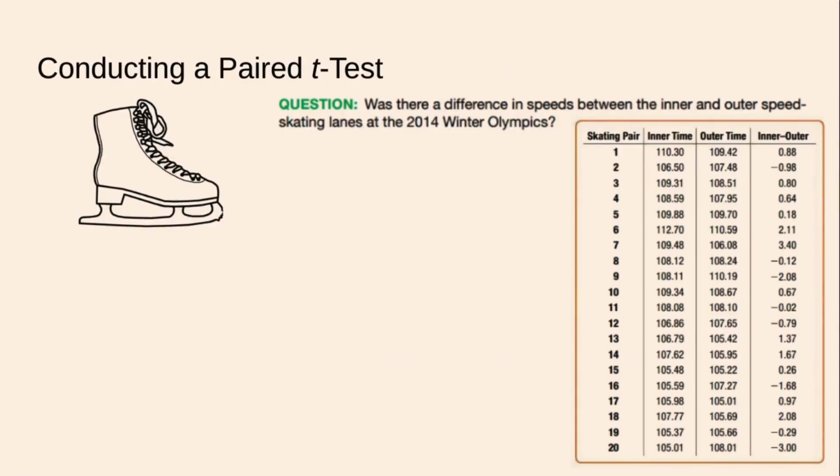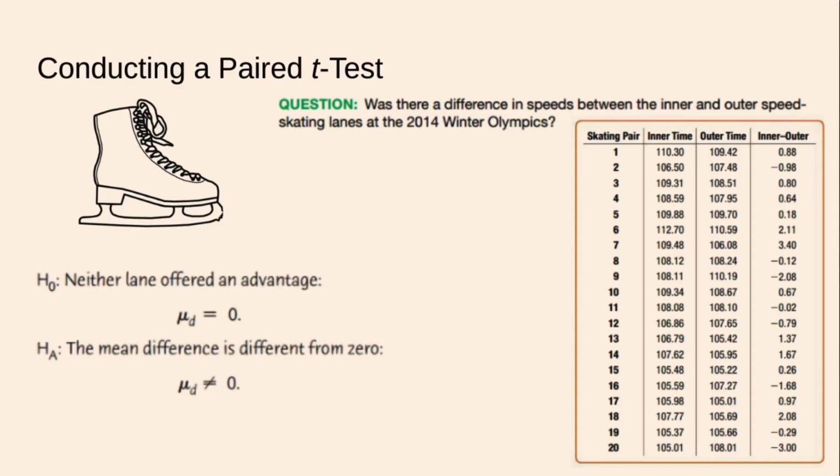All right. Here we go. Let's look at how we would conduct a paired t-test for the speed skater data from a couple of slides ago. Was there a major difference in speeds between the inner and outer speed skating lanes in the 2014 Winter Olympics? Let's test this. Here are the hypotheses.